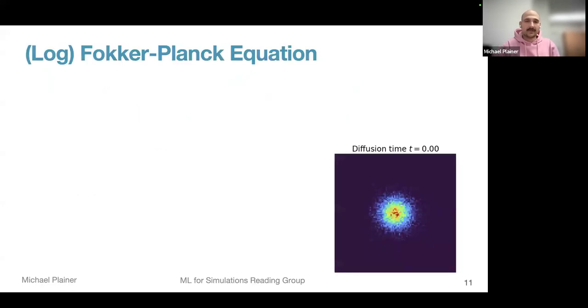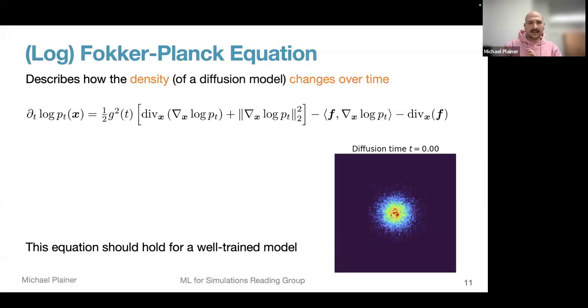For this, in this paper, we make use of the Fokker-Planck equation. And the idea is that we want to make the whole model consistent over time. So as the density changes over time, we want to have this consistency at every time t. And the Fokker-Planck equation is basically what describes this consistency.